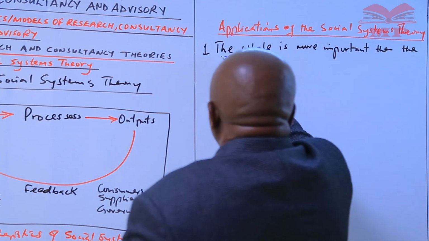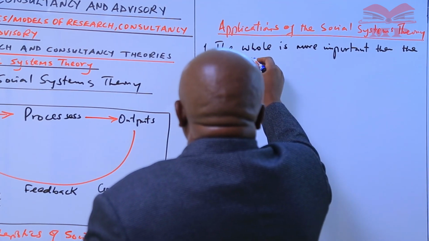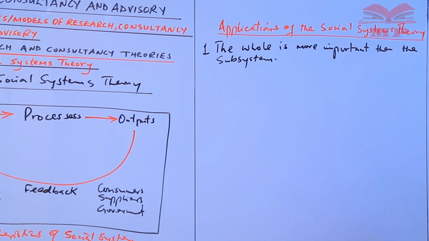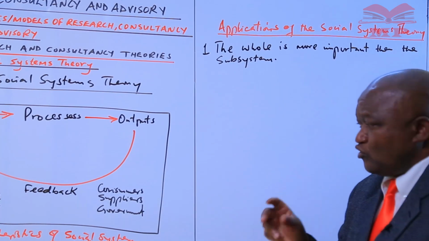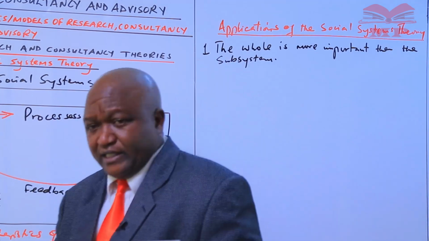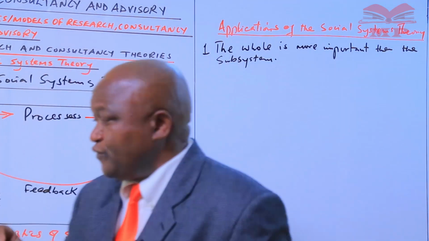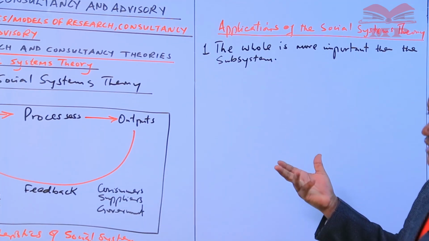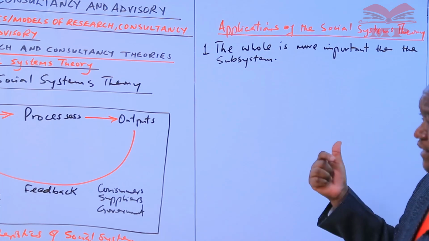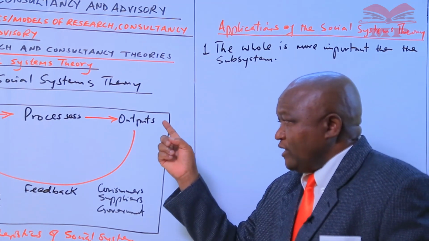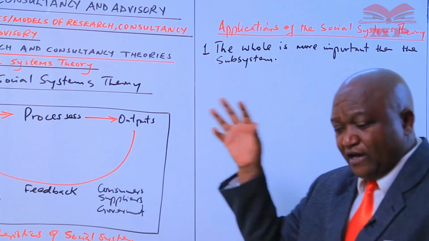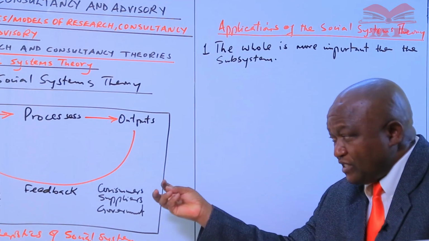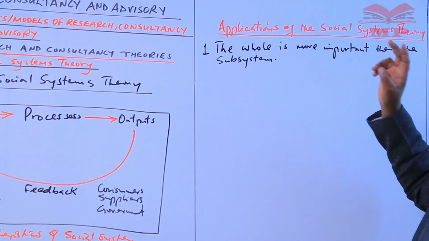So when it comes to operations within a given work environment or organization, it is important to note that there will be different sections or components within a particular system. But when it comes to preferences in terms of choices, what should be done, the players within the system have to ensure that the players as subsystems are not more important than the whole system.